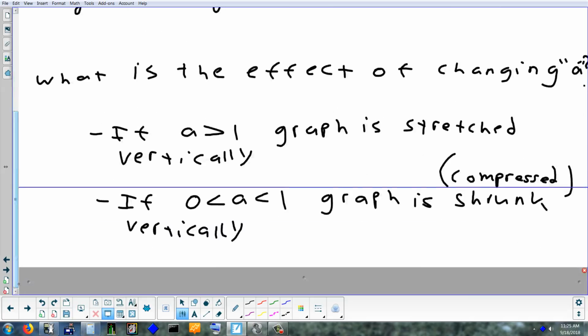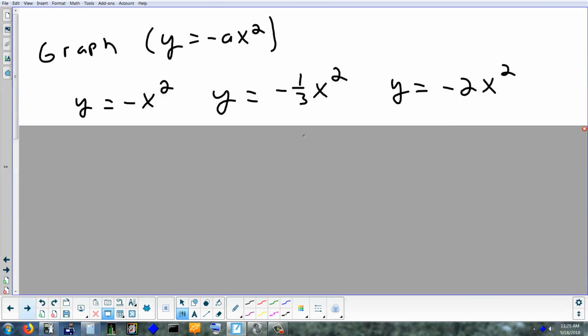Okay, so now let's combine this with what we just mentioned. Maybe we don't need to graph them again, but what happens when you throw the negative in front? That causes the graph to flip. Flip over which axis? The x.